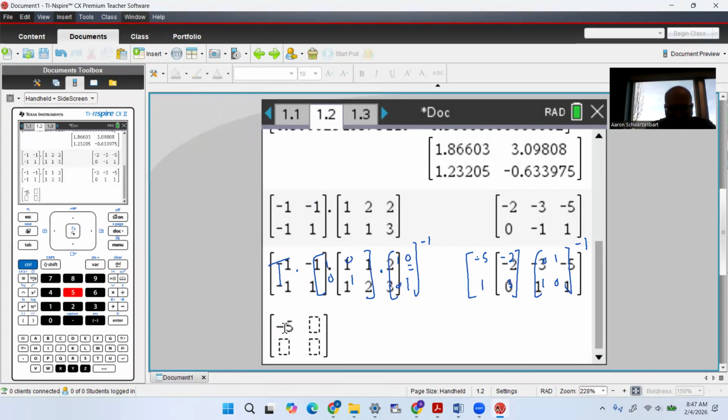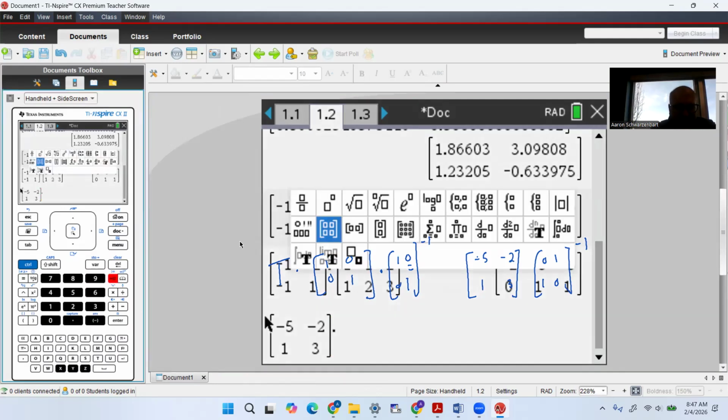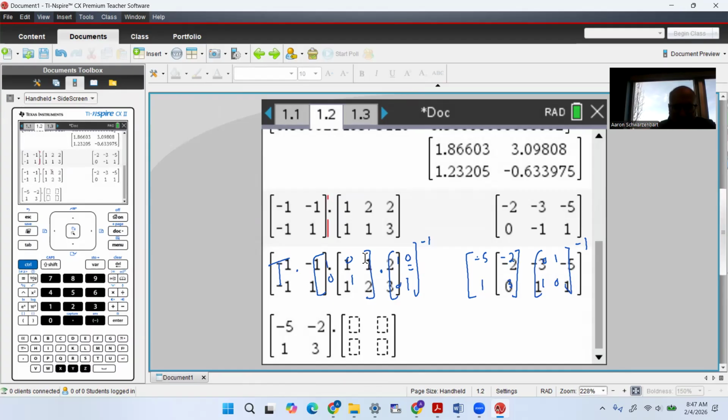-5, -2, 3 times. So yes, get used to using the formula packet. It has helpful information, especially in these matrix things.